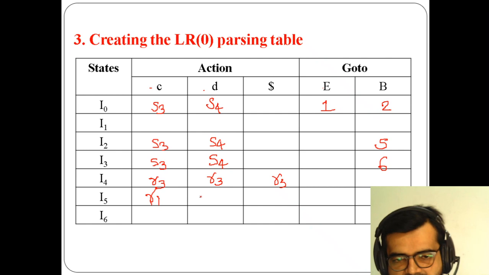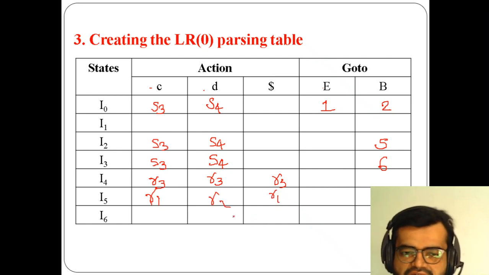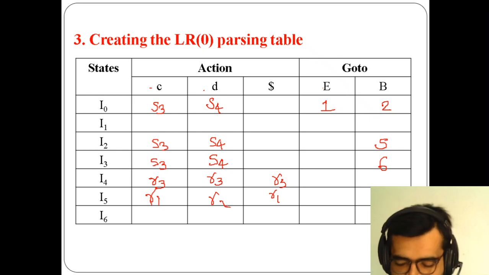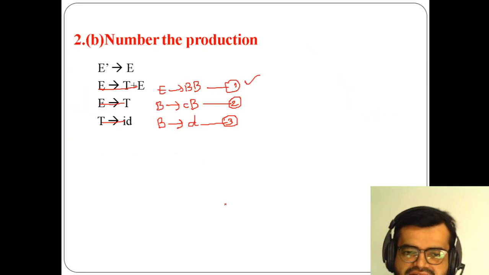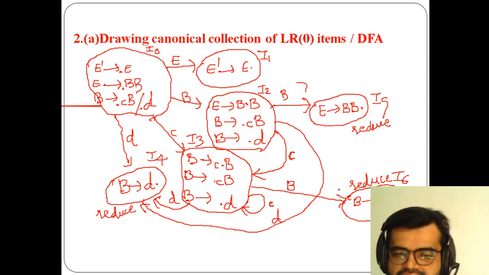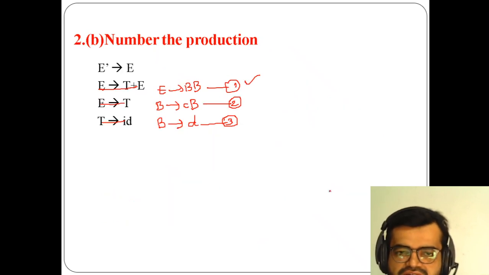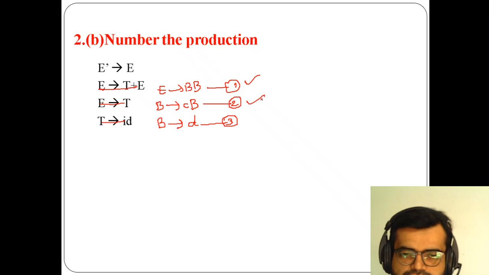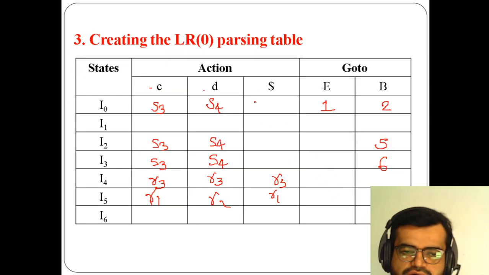So this is R1 only. And in I6 again, it is used for reduce purpose and it is just receiving. B of CB means production number 2, so here you have to write R2.